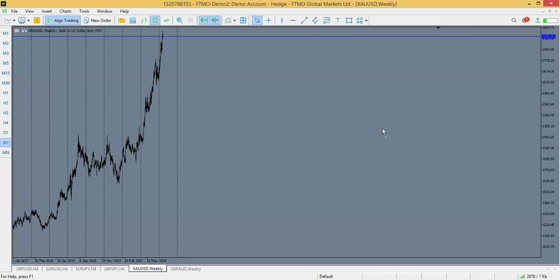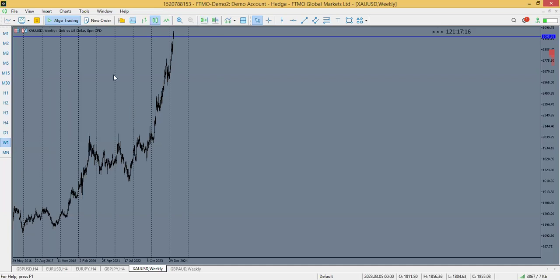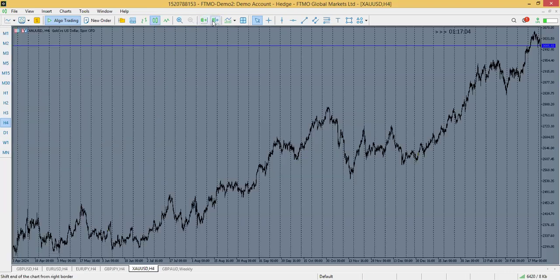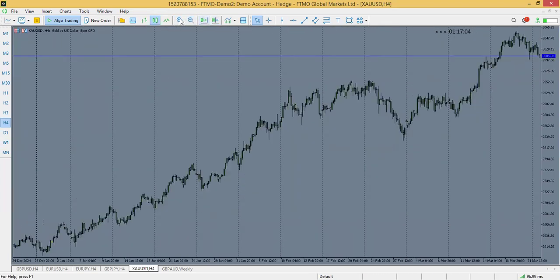Okay, let's do the weekly chart. You can see in this weekly chart there's nothing to the left for it to be your target level. There's nothing to the left. So if you come back to your 4 hours, let me make this bigger.